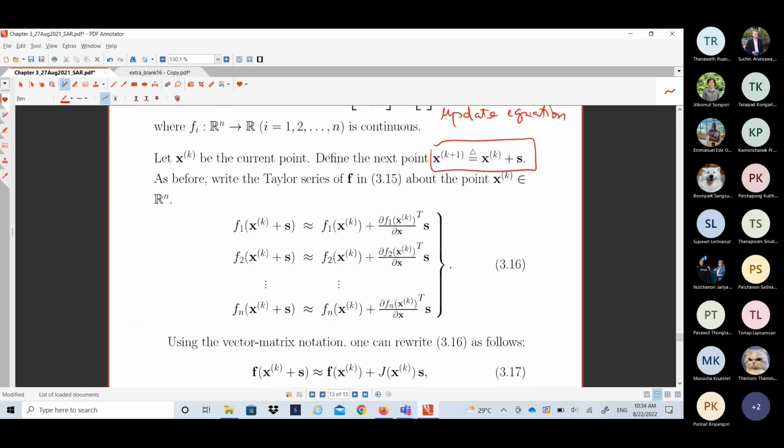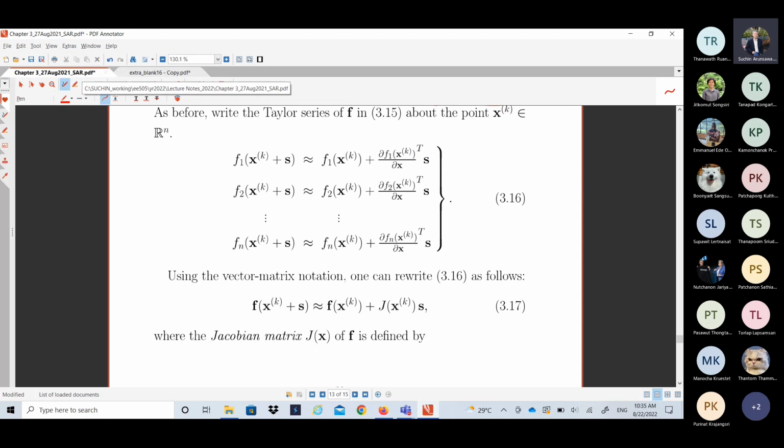Yes, so we apply that to each Fi, i from 1 to n, and what we have on the right-hand side is the gradient of Fi transpose the vector s, right? So we write this again in the vector-matrix notation.